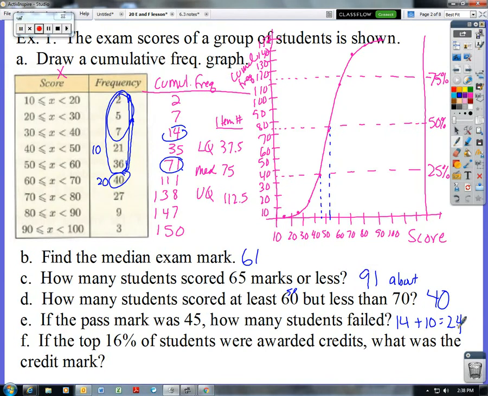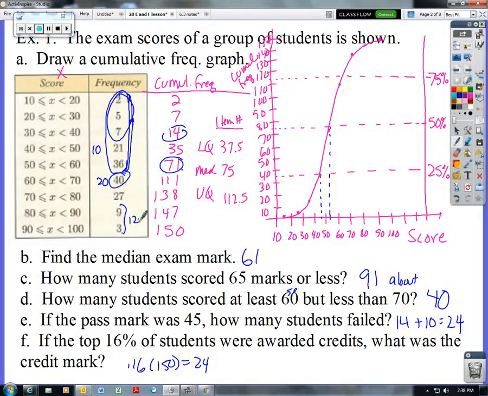If the top 16% of the students were awarded credits, what is the credit mark? So I need to figure out what 16% of 150 is. So 16% of 150 is 24. So the top 24 students. And one way you could do that is you could just count down. Here's 12 of them.